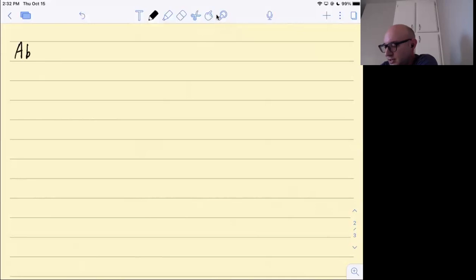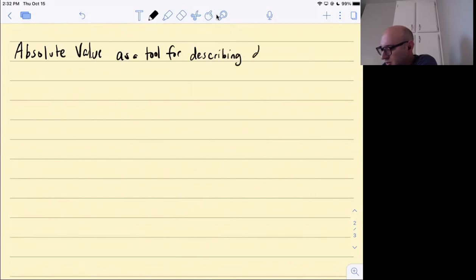This is absolute value as a tool for describing distances.